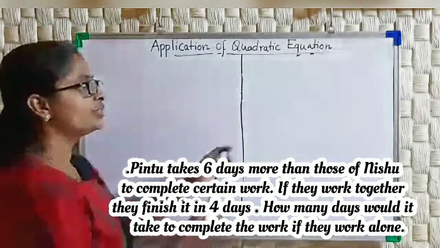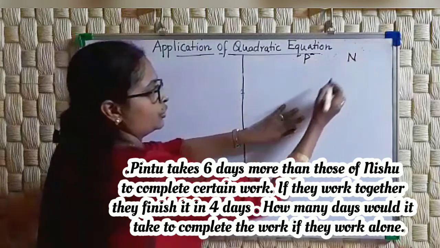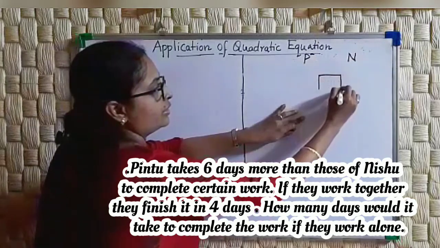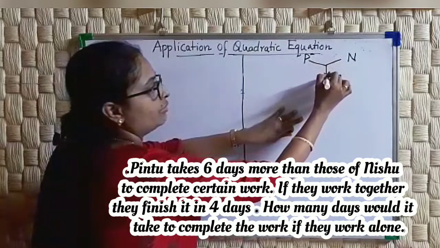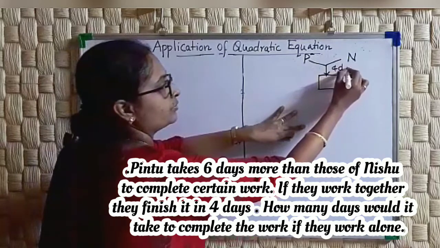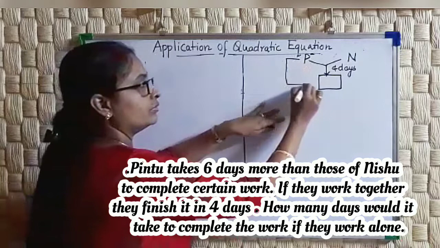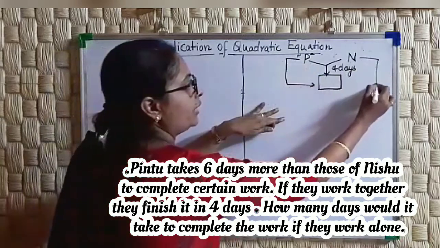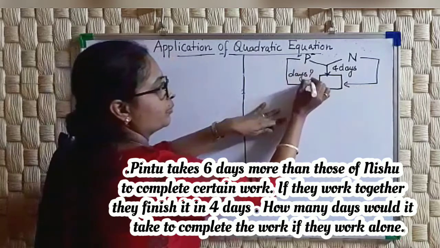Now, according to the question, there are two persons, Pintu and Nishu. They have to complete certain work. If they work together, they will complete this work in 4 days. If they work alone, we have to find out how many days it will take for them to complete the work.